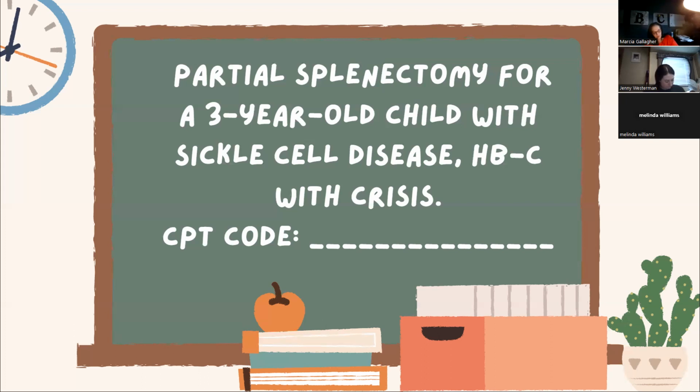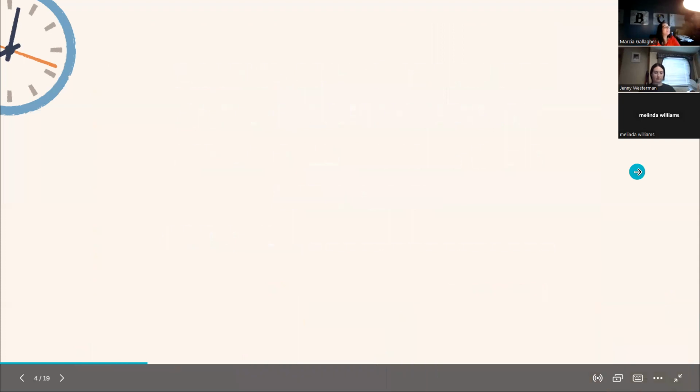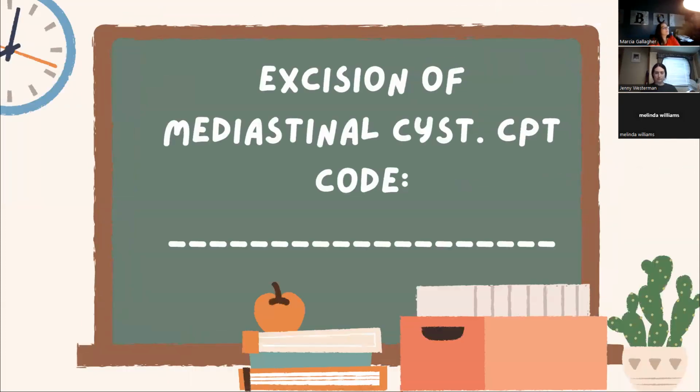Well, 38100 is our parent code, and it says splenectomy total, but that's not what we're looking for. If we go to 38101, it's a splenectomy partial. So our answer is 38101. Do you agree? Yeah. Okay. See, these are not very difficult at all. It's just a good review.